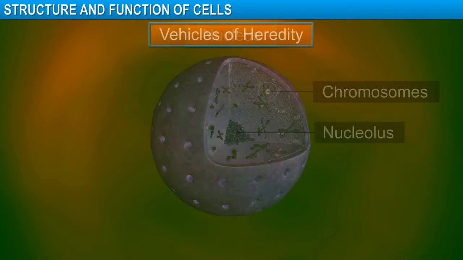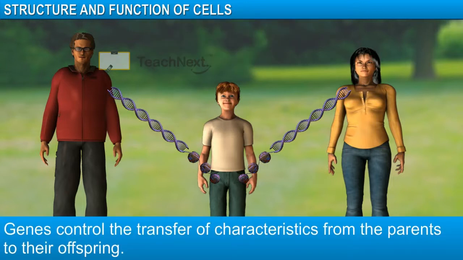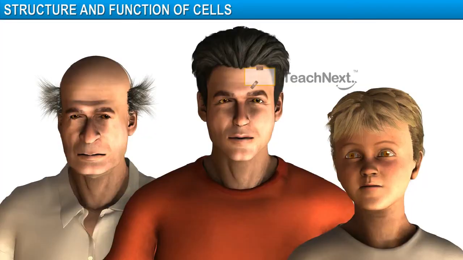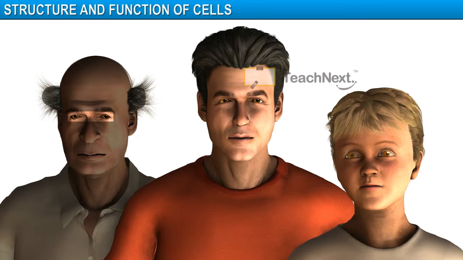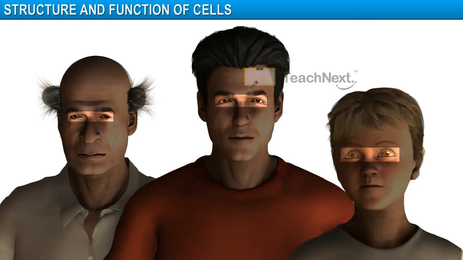Chromosomes are called the vehicles of heredity. Chromosomes carry genes and help in the inheritance or transfer of characters from the parents to their offspring. For example, the color of the eyes is a character that is transferred from granddad to dad and from dad to the son.